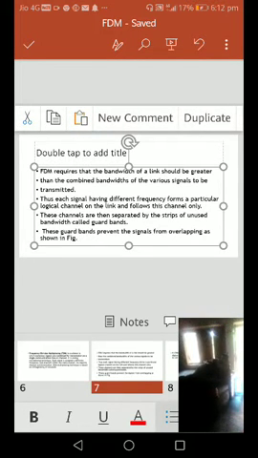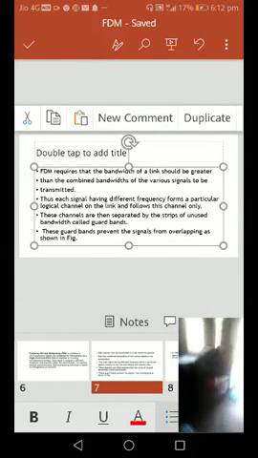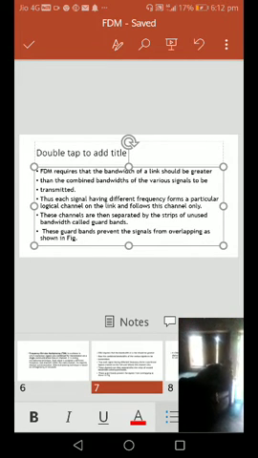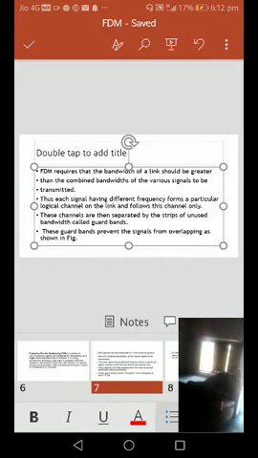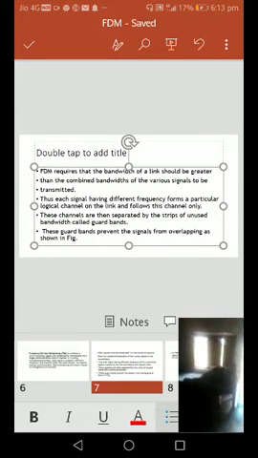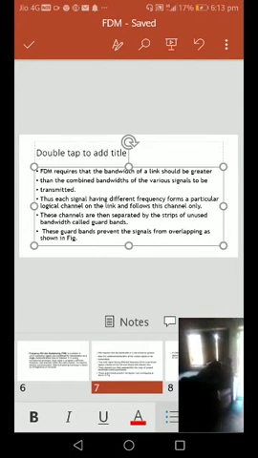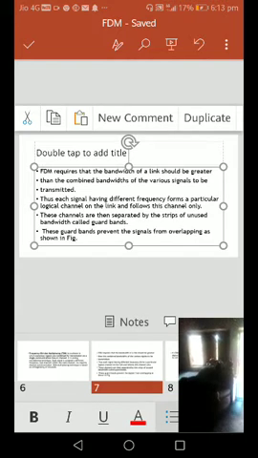Next, each signal having a different frequency forms a particular logical channel on the link and follows only this channel.